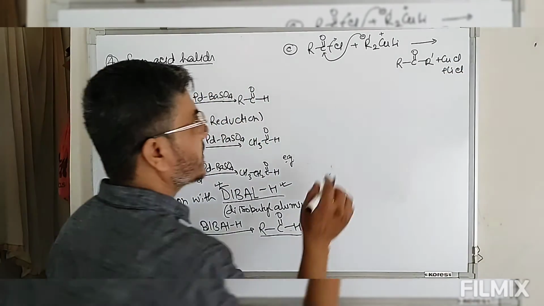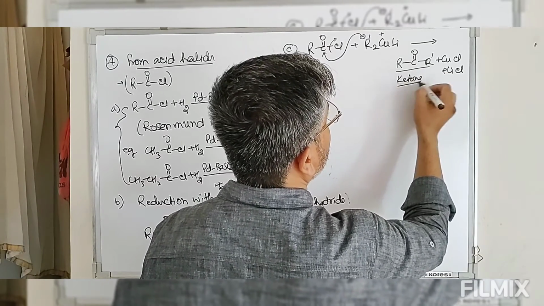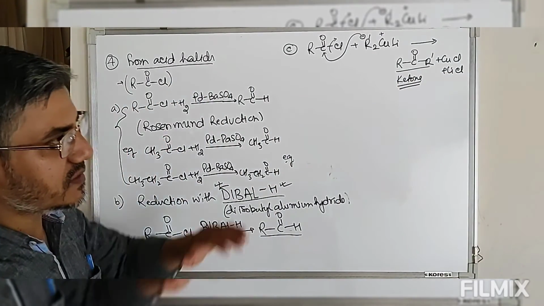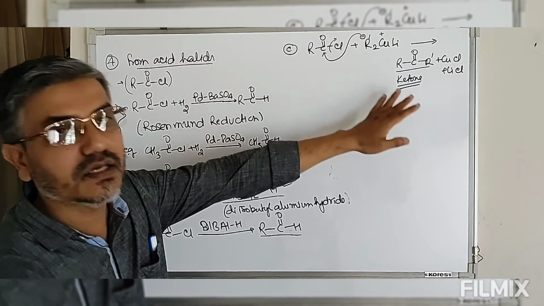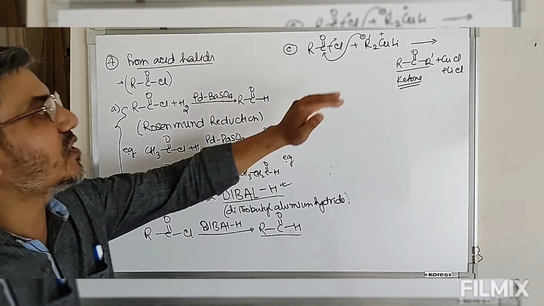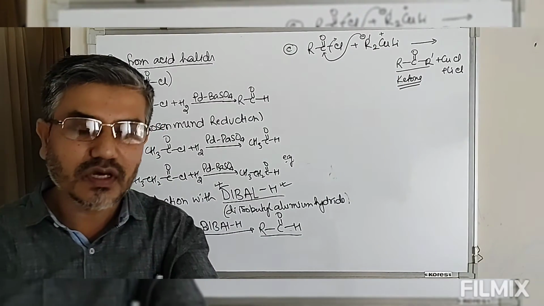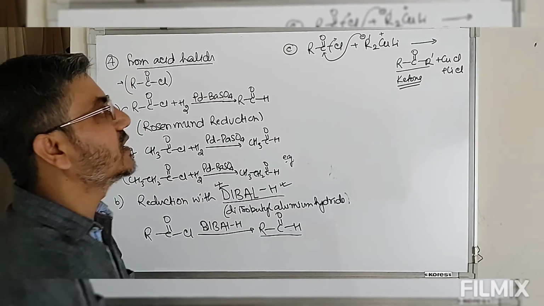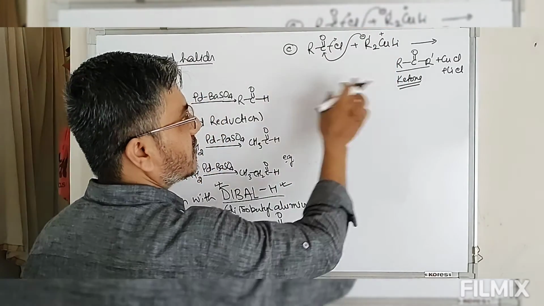So look at this, in this case the product is ketone, this is specific for ketone. By this method, the reaction with organometallic compound, we get ketone. If another organometallic compound is used, that will give you alcohol. So this dialkyl lithium cuprate gives you ketone.